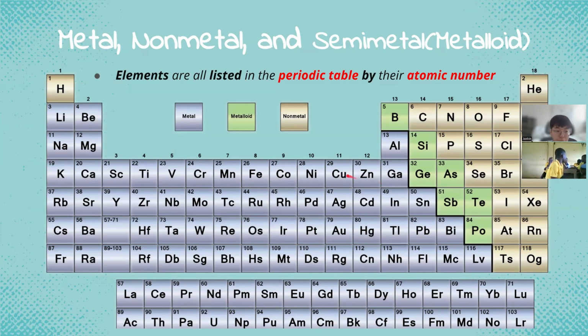And then we learned about the types of elements. We know that there are metals, nonmetals, and semimetals. And elements are listed in the periodic table by their atomic number, and whether they are metal, nonmetal, or semimetal depends on their position in the periodic table.